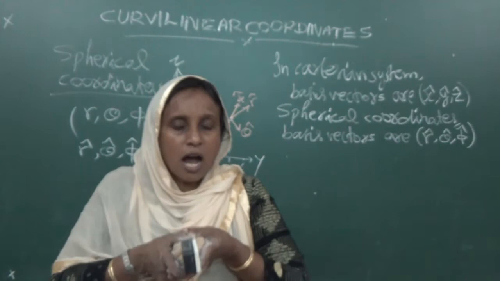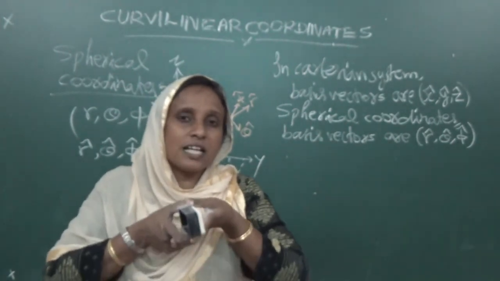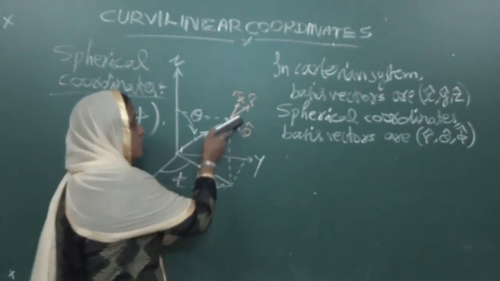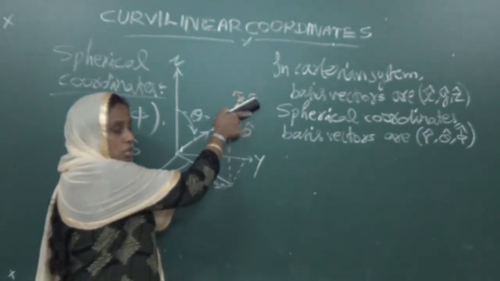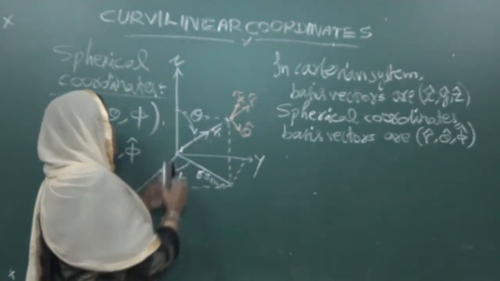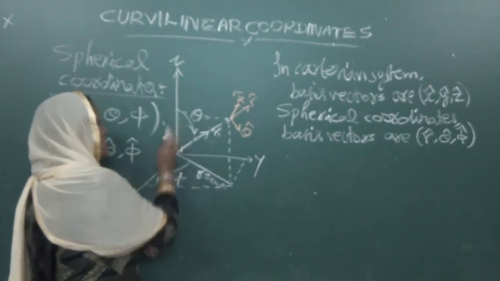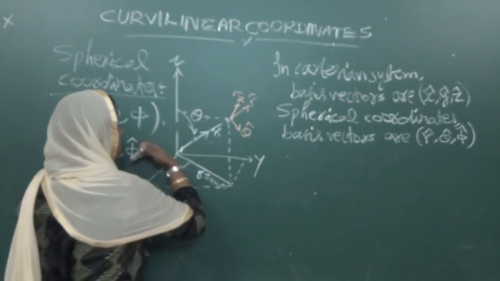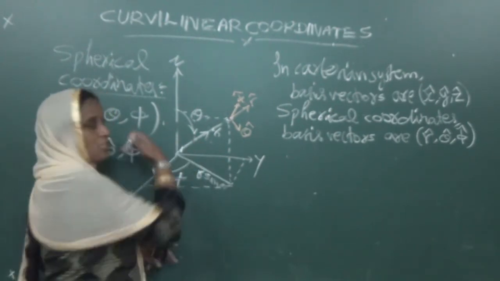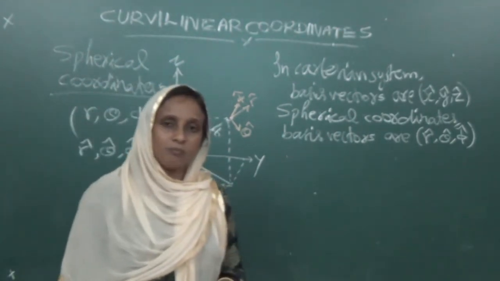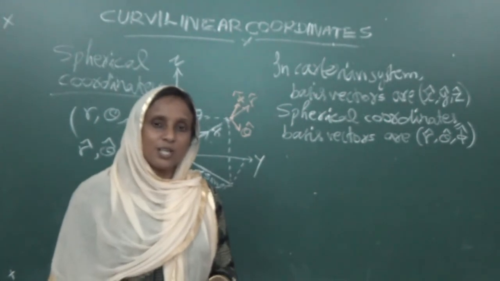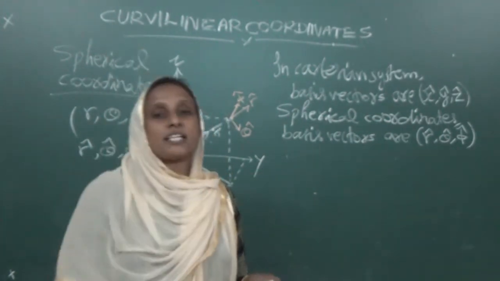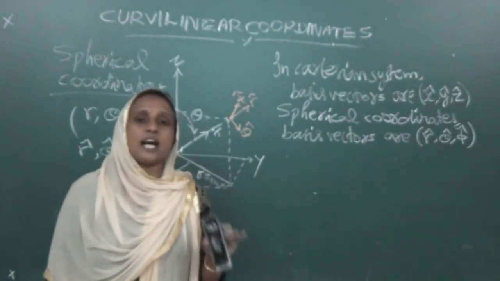Okay, so r cap is always radially outward. If it is at this point, it is along this direction. If it is along this direction, it is along this direction. So, r cap is always pointing along the radial direction, radially outward.